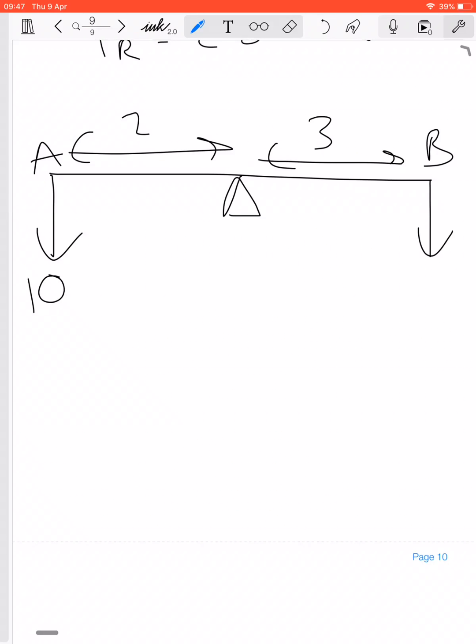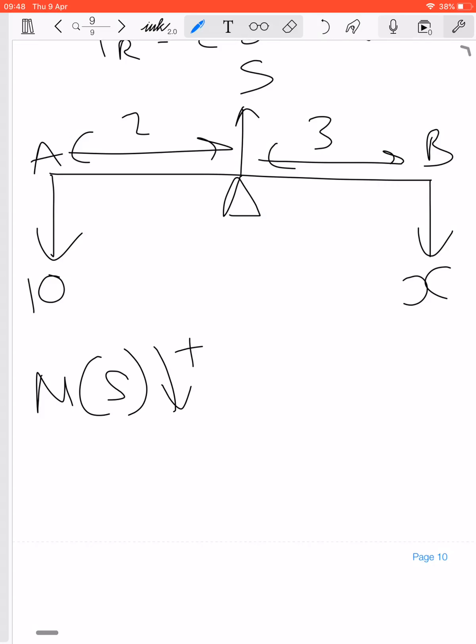This is 10, let's do S here, and let's say this is X. That's what we don't know. Right, let's just prove that whereas we could just say one side equals the other side, we can do our normal method one more time just to show that we understand. We're going to take moments about S. In the clockwise direction is positive.